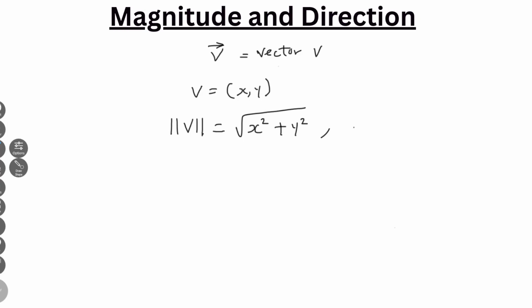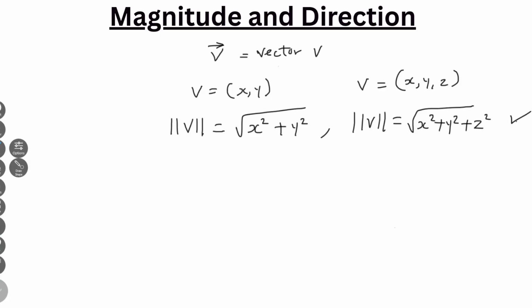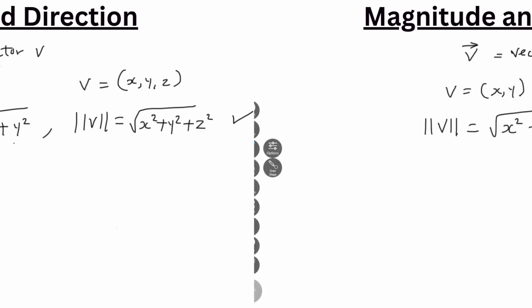For a 3D vector, for example, V equals (x, y, z), the magnitude of V becomes the square root of x squared plus y squared plus z squared. So that is how we find the magnitude of a vector.